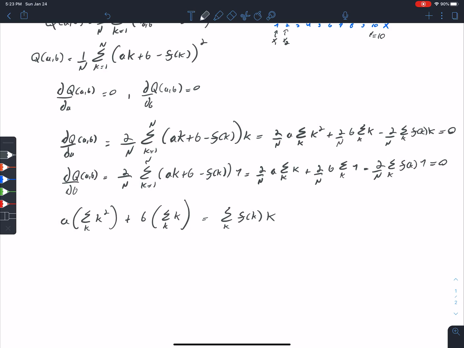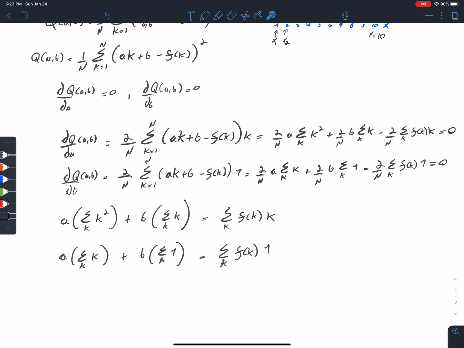We're going to once again do a times sum over k, plus b sum over k of 1, and this is going to be equal to, and we'll put the other side stuff to the other side, sum over k fk times 1.